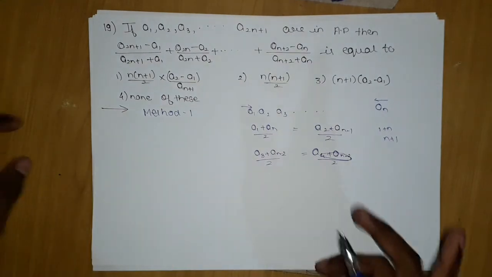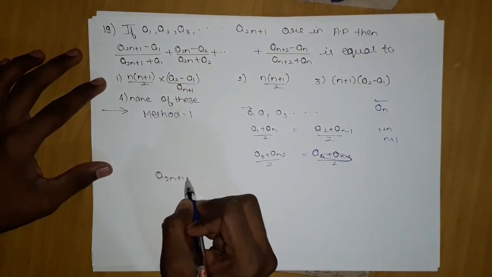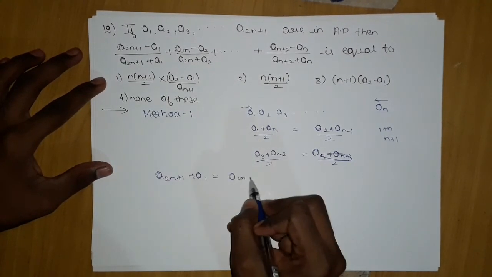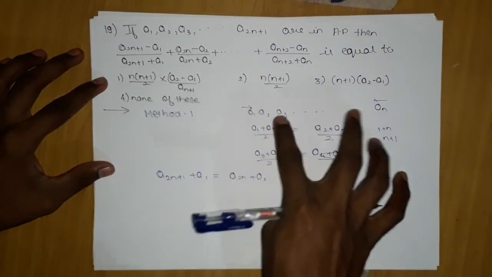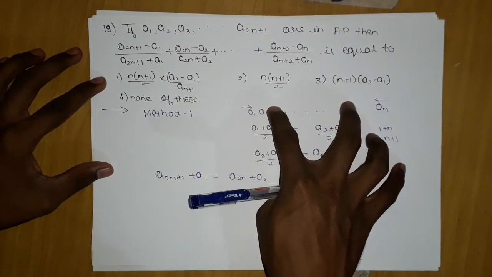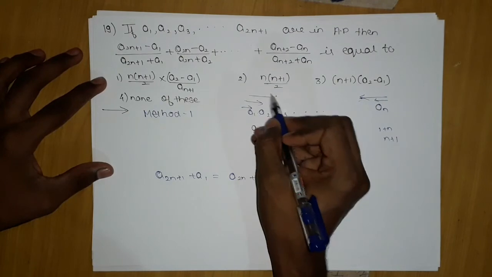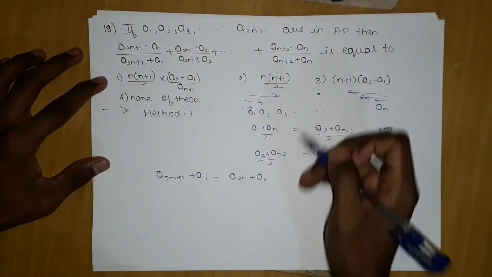Now using this property we can say that a2n+1 + a1 is equal to a2n + a2. Terms taken at equal distance from both sides have a sum equal to the sum of the next pair, and so on, and they will be equal to twice the middle term.